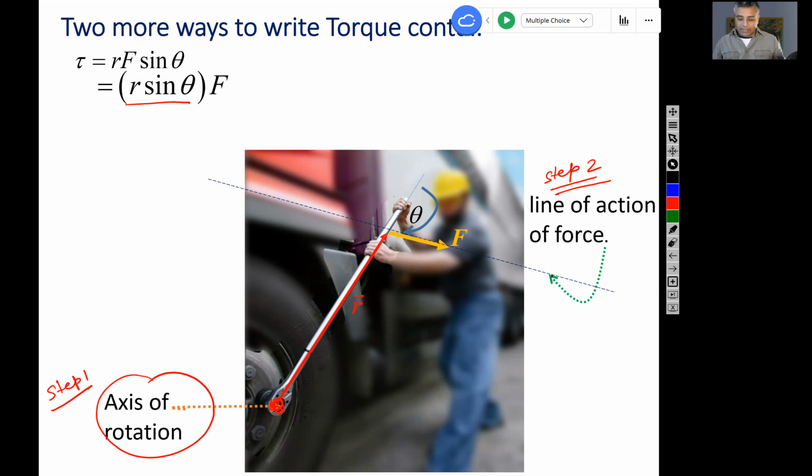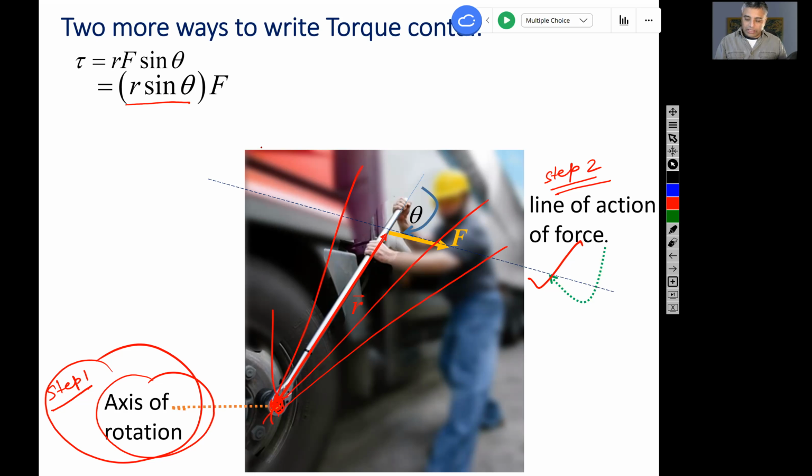So the third step is to draw a line starting from the axis of rotation, which you have already marked, to the line of action of force, which you already drew in step 2, right? But you can draw several such lines. So which line you want, that's the one thing that's important.